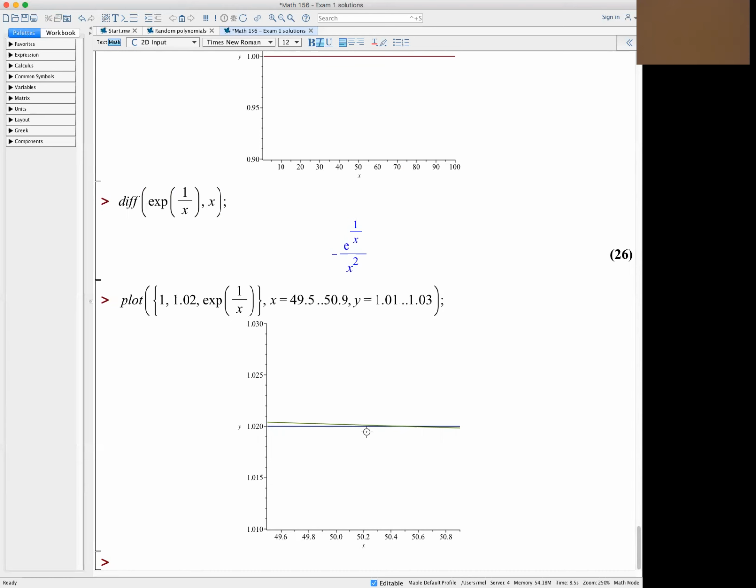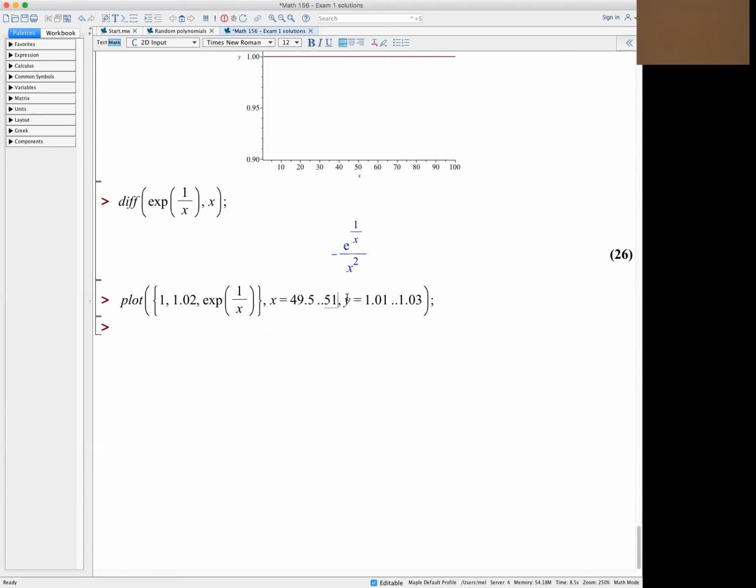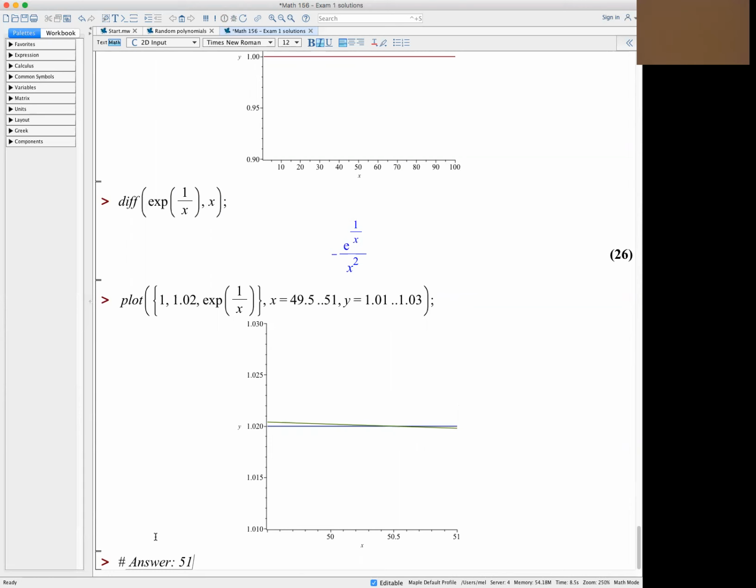It's above 1.02, and then right here, now it's below 1.02. So when x is 50, the value of the function is bigger than 1.02. But when you get to 51, it's below. So the answer is 51. 51 is the first integer where e to the 1 over n is less than 1.02.